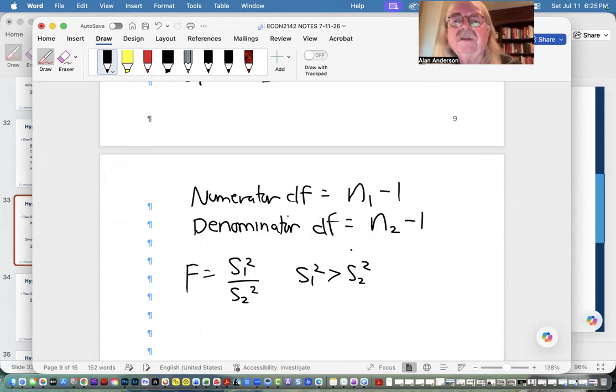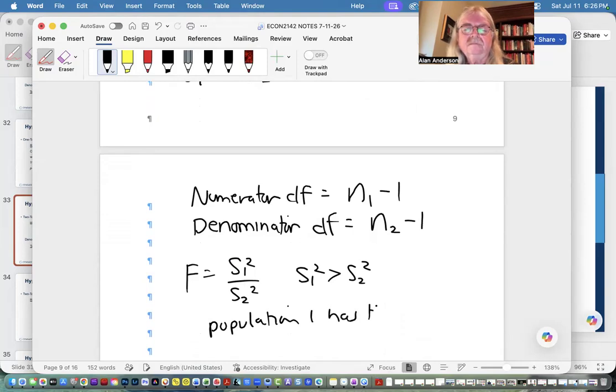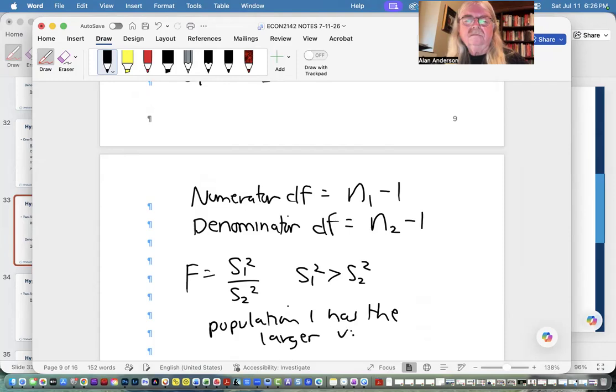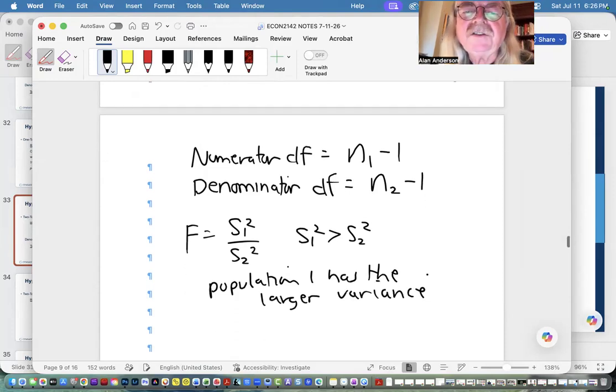Otherwise, we have to reverse the two. The one that we call population one has to have the larger variance, and population two has to have the smaller variance. All right, so that shouldn't be too tricky.